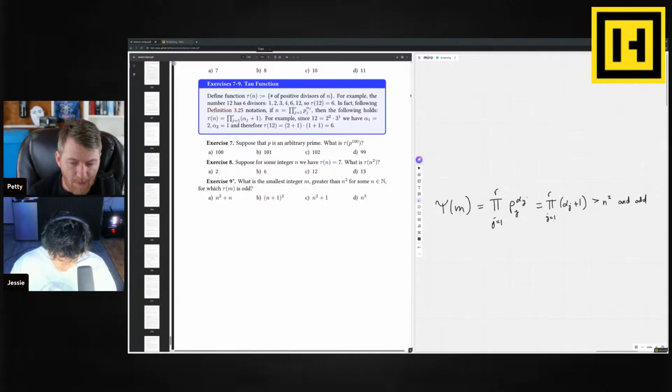So it can't be prime. Tau of m is odd. Tau of m is odd.